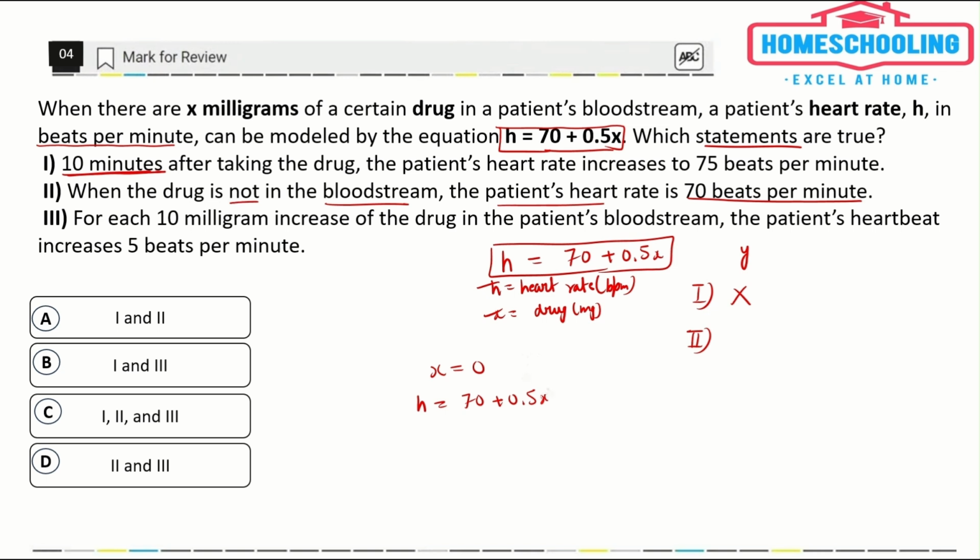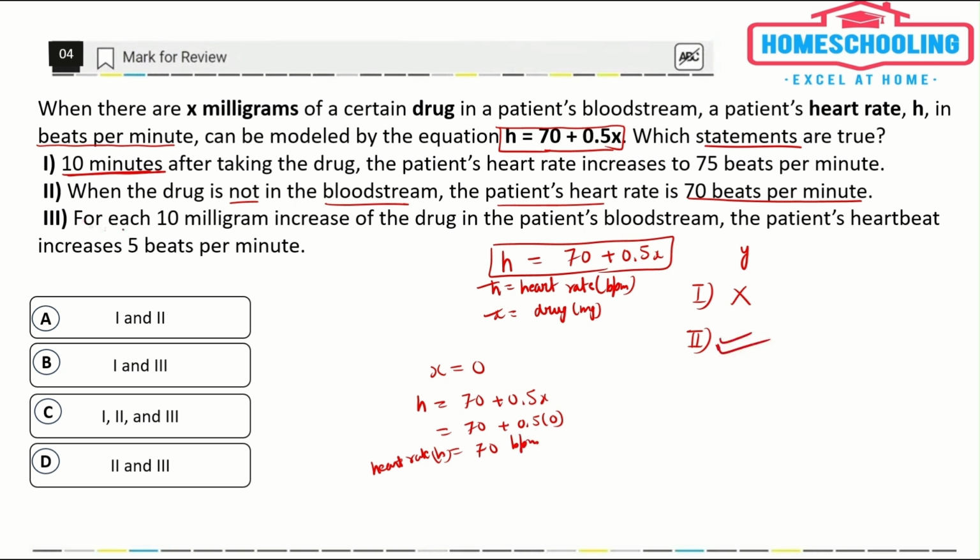So there is no drug at all, so x would be 0. So 70 plus 0.5 times 0 is going to be 70. Hence heart rate H is equal to 70. So the patient's heart rate is 70 beats per minute. So statement 2 is correct.